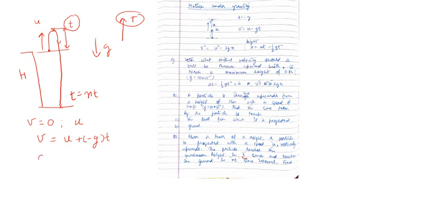Let us take v equal to 0. u is the initial velocity, acceleration is g, time is t. The time taken by the particle to reach maximum height is simply u by g.